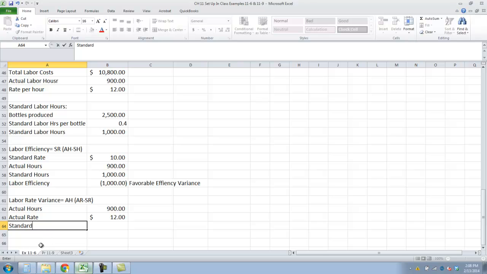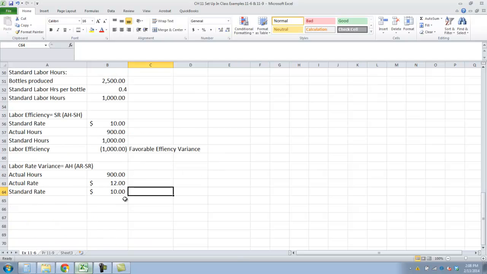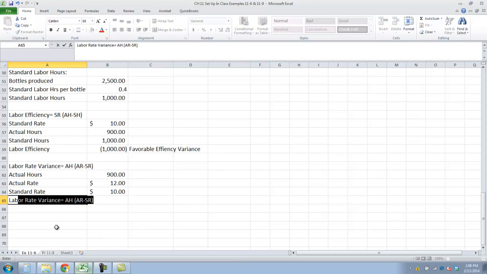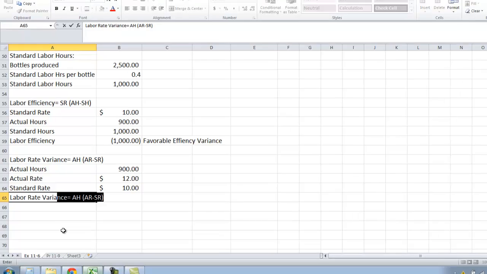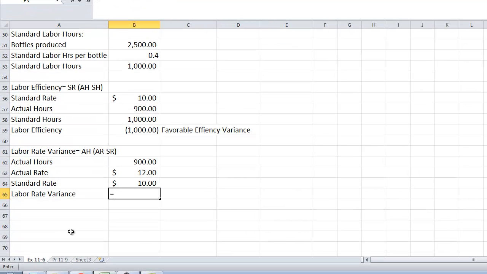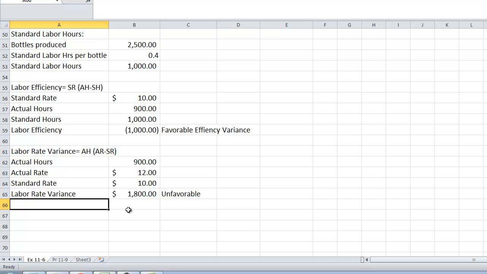Standard rate was given in the problem at $10 per hour. So our labor rate variance is equal to actual hours times actual rate minus standard rate, and this is unfavorable. That's because we paid $12 when our standard cost was given at $10 an hour.